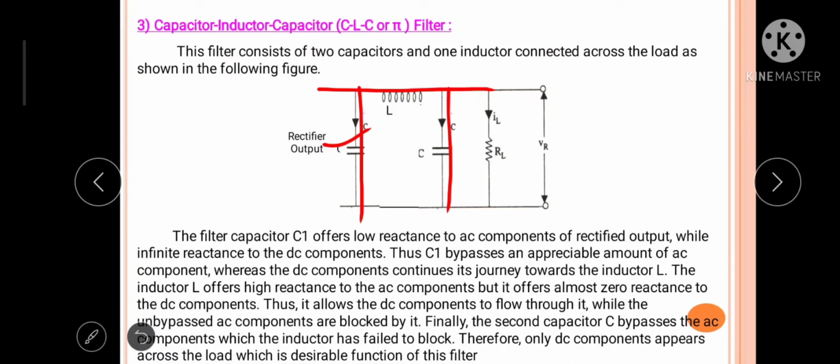This capacitor C1 bypasses an appreciable amount of AC component, whereas the DC component continues its journey towards the inductor L. The inductor L offers high reactance to the AC components, but it offers almost zero reactance to the DC components. Thus, it allows the DC component to flow through it, while the unbypassed AC components are blocked by this inductor L.